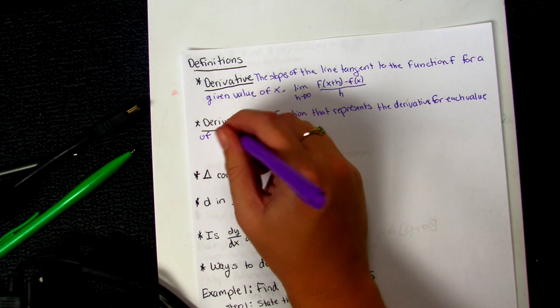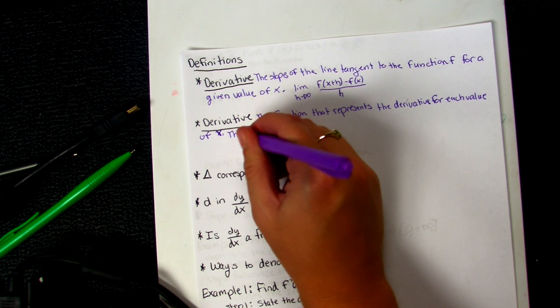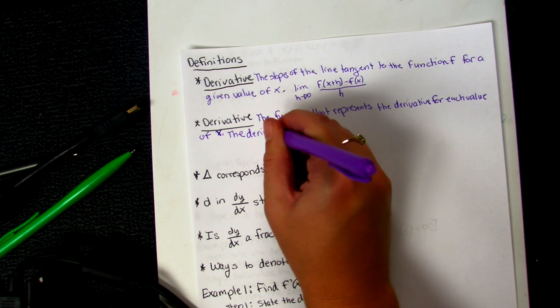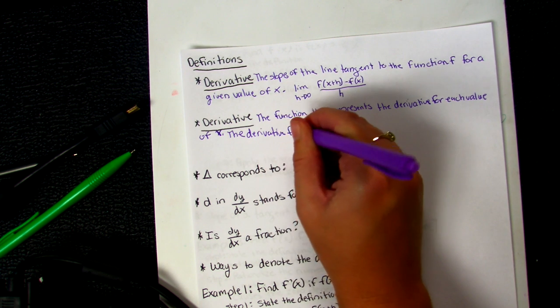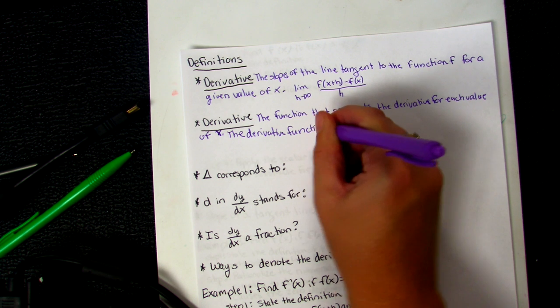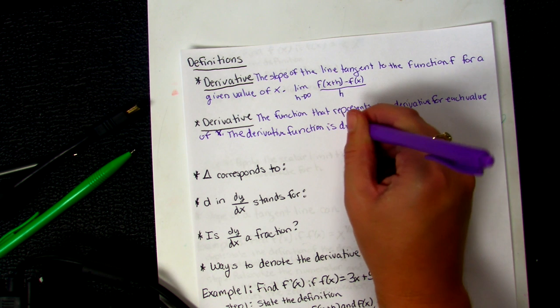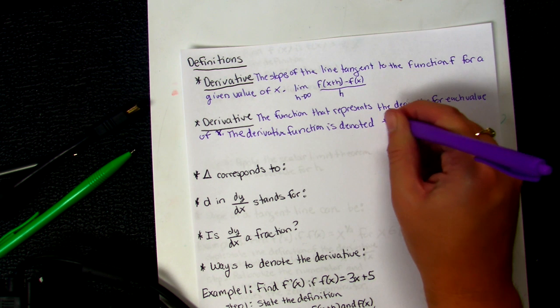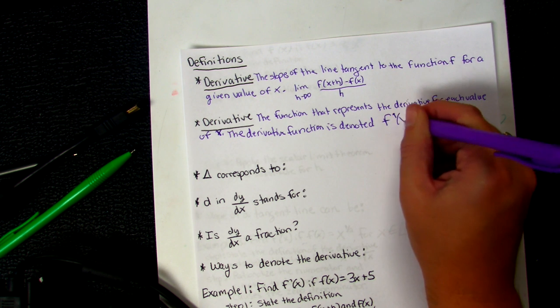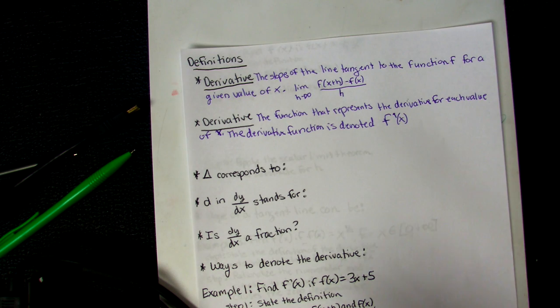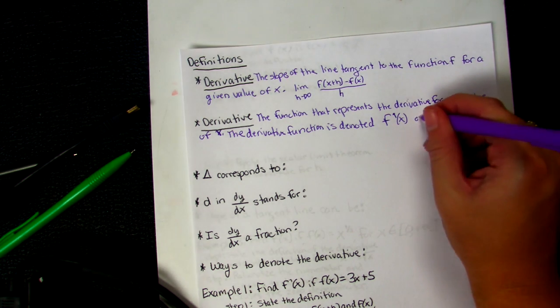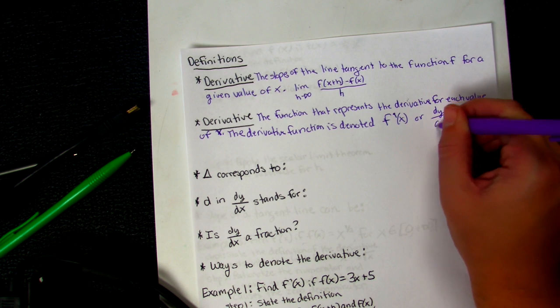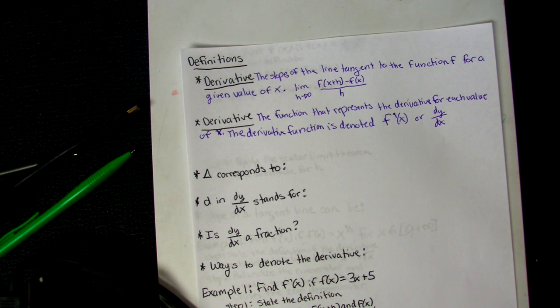Okay, and the derivative function is denoted in these symbols. It'll either look like f apostrophe of x, sometimes we say f prime, or we might see this dy dx, which is a dy over a dx.